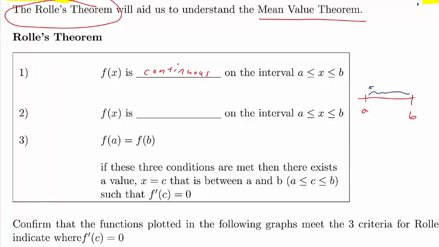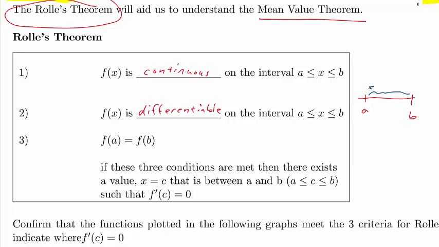Our next condition is that our function f of x is differentiable on the interval. And you can tell if it's differentiable or not by looking at the graph, by simply noting if there's no corner points. It's not only continuous but smooth and continuous.